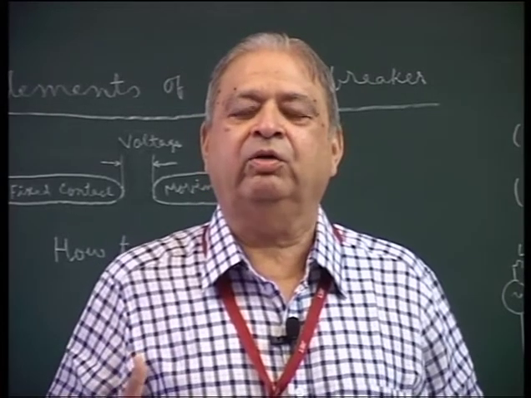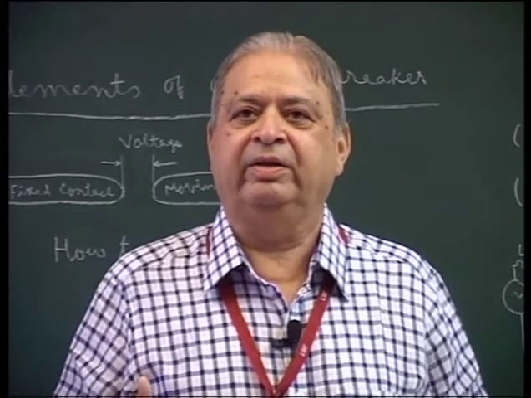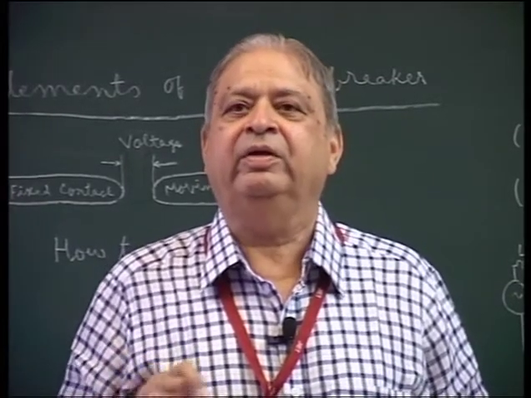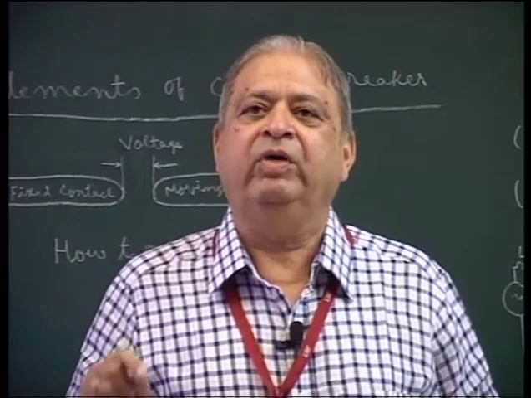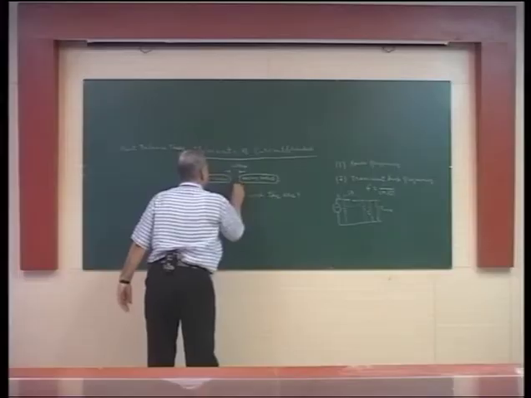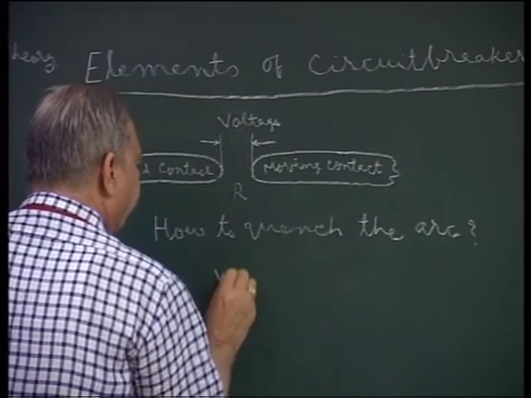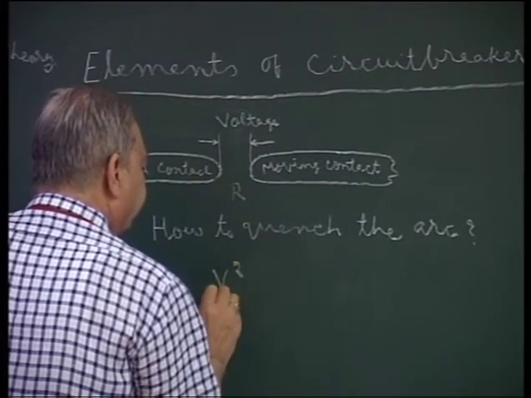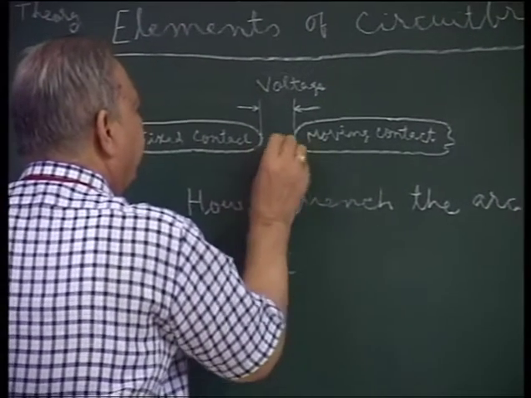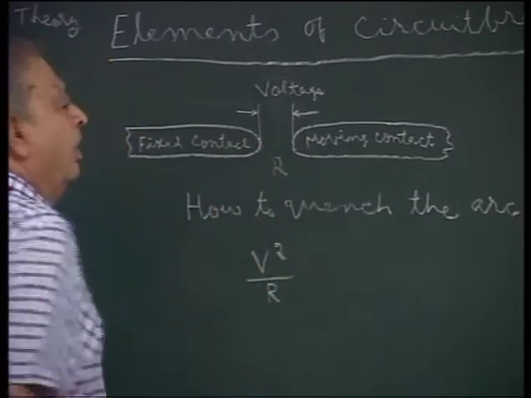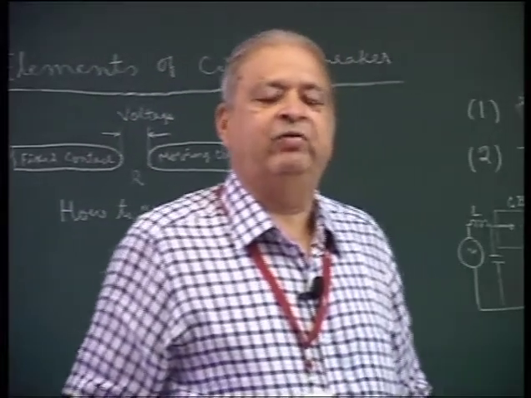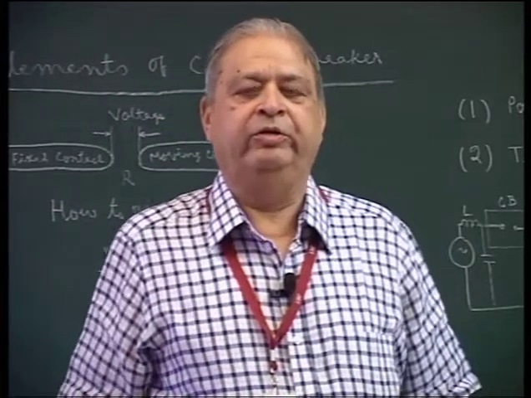And if the voltage across the contact at any instant is V, then the heat generated in the contact region is V square upon R. So this resistance is R, and heat generated will be V square upon R. This is the arc resistance between the contacts due to ions present due to current flowing before current zero.